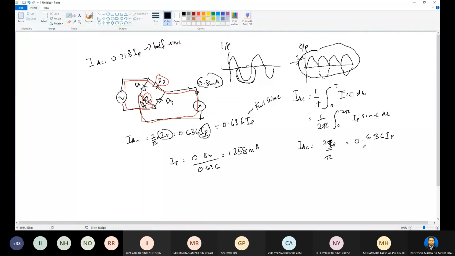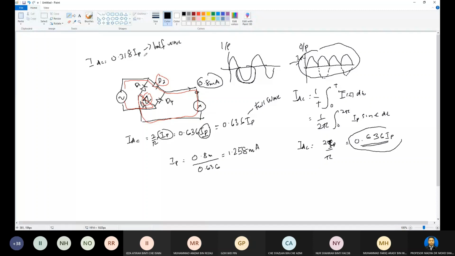So this is the equation for the full wave rectifier, and you just need to remember this equation only. The current DC equals 0.636 IP for full wave. For half wave, the current DC equals 0.318 multiplied by IP.